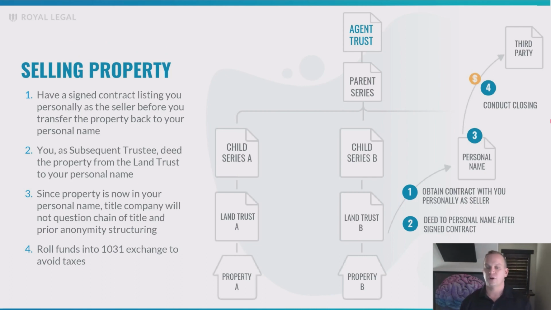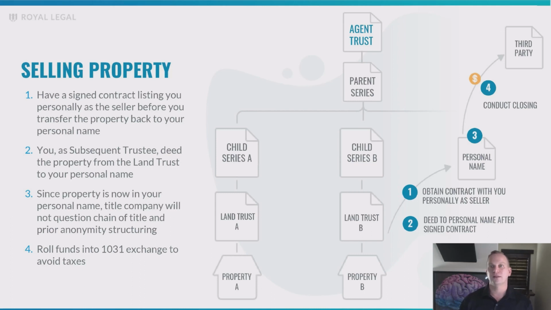When you want to sell the property, you can either sell it directly out of the land trust to the third party, or sometimes the title company will want you to transfer it from the land trust to your personal name and from your personal name to the third party. The reason is that this can make it easier for their underwriting.